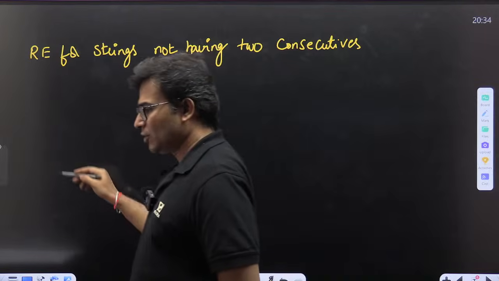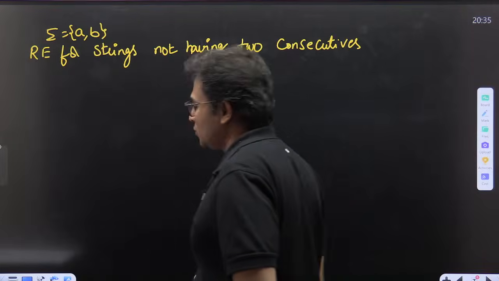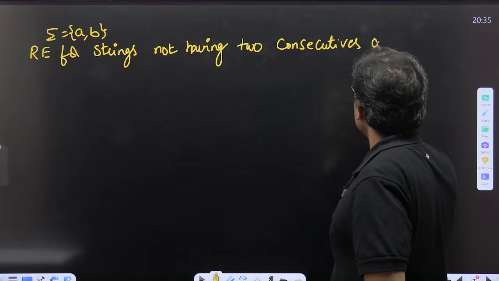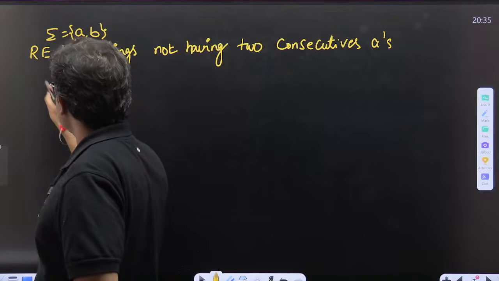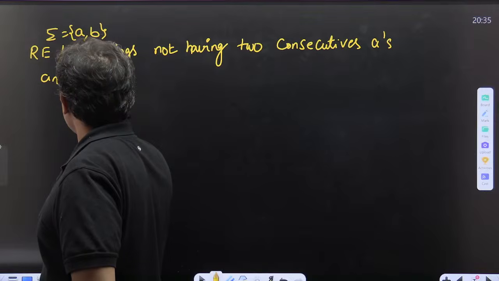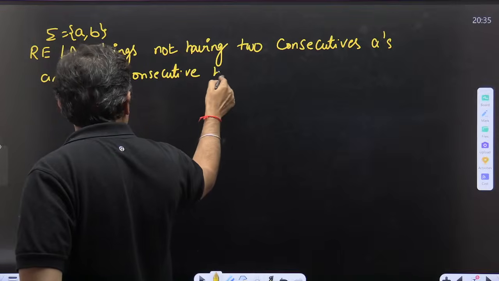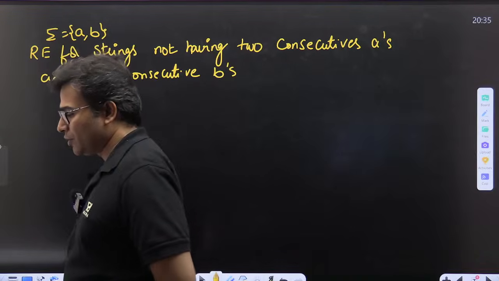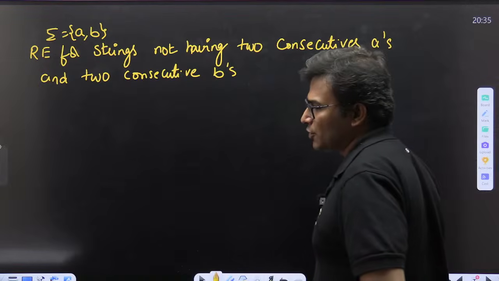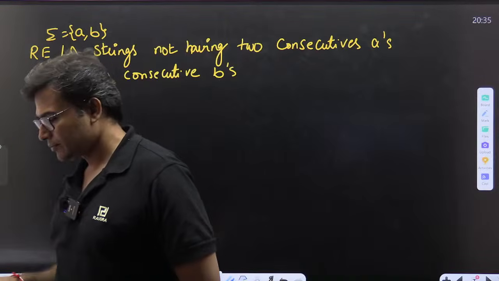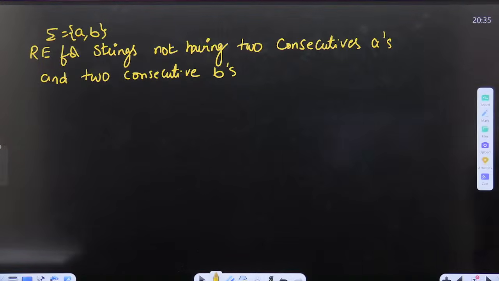Let us say sigma equal to A comma B. B should not come together. A should not come together. Not having two consecutive B's and not having two consecutive A's. A's should not come together and B's should not come together. Okay.